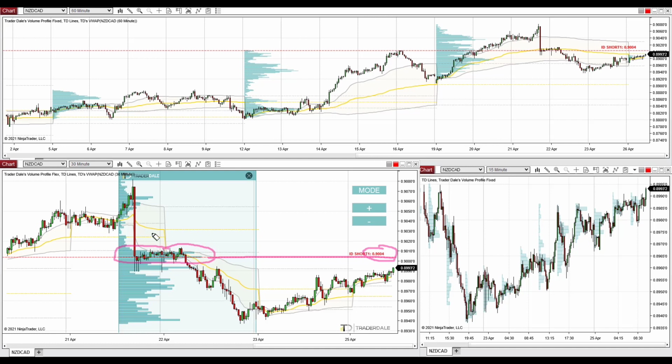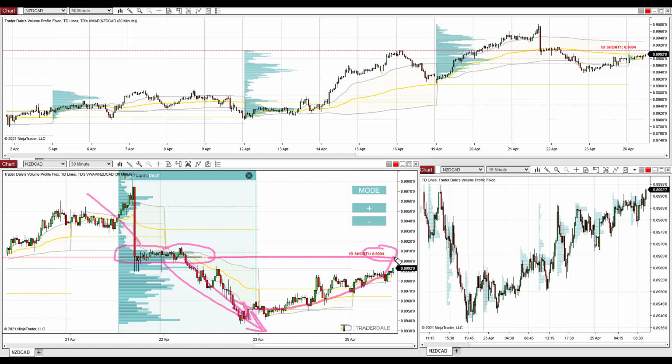The heaviest volume peak in this area is at 0.9004, and this is where I think the strong resistance lies, because this is a place where I think sellers were adding to their short positions, right? Because there was a downtrend, so aggressive sellers dominate this market. So sellers were adding to their short positions in here. Then there was some more aggressive selling activity to push the price downwards. Now it seems that there is a pullback to this area.